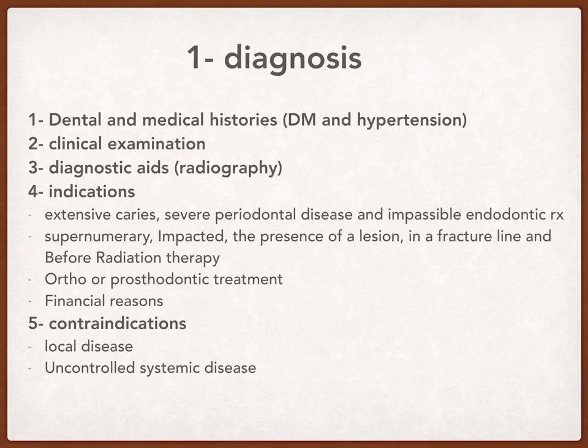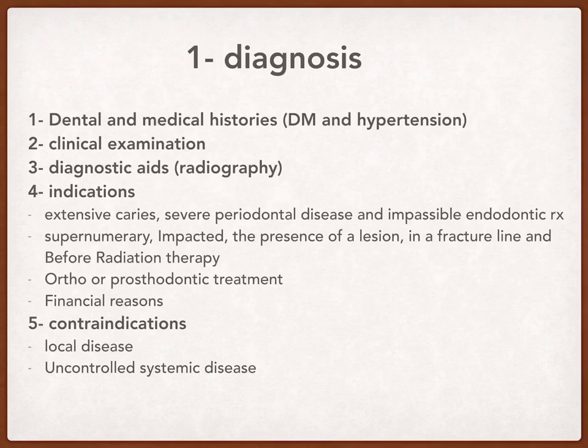The first step, which is the diagnosis step, is one in which we will take the complete dental and medical histories from the patient, specifically asking him about any diseases or illnesses that he has, for example, diabetes mellitus or hypertension, or any drug that he takes, and then evaluate if these drugs or diseases will interfere with our surgery.